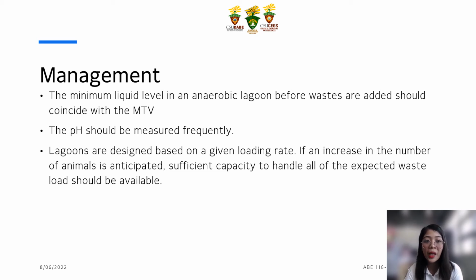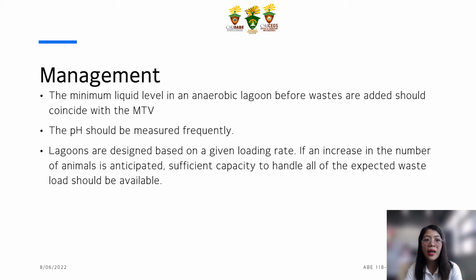If the pH drops below this level, the methane bacteria are inhibited by the free hydrogen ion concentration. The most common cause of low pH in anaerobic digestion is shock loading of organic material that stimulates the facultative acid forming bacteria. That is when you load a large amount abruptly.